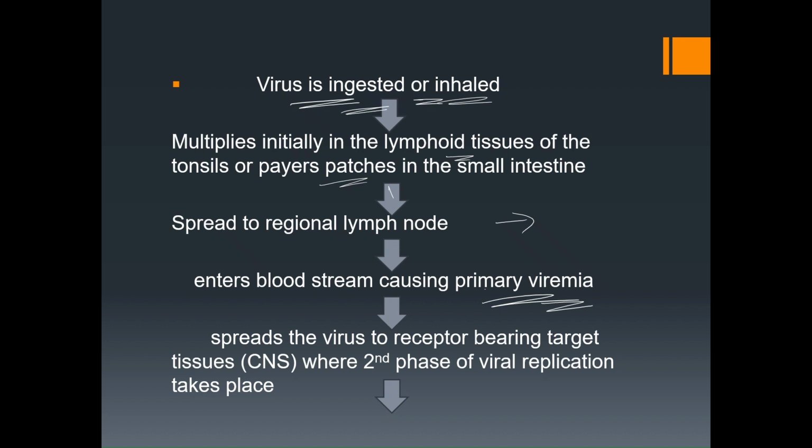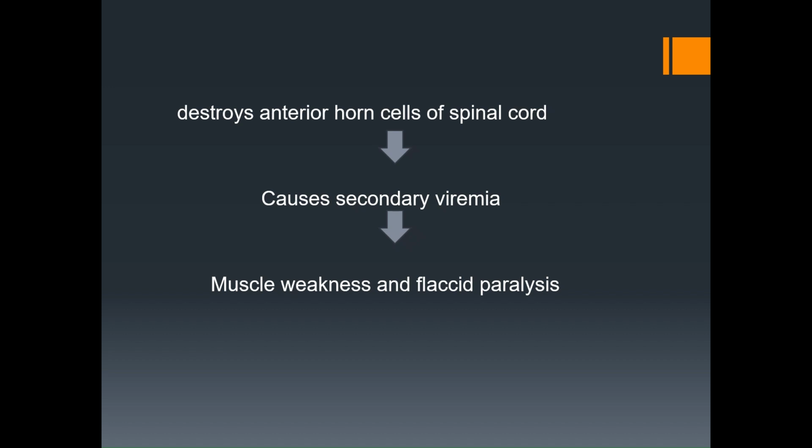Through the blood, it spreads to various tissues, mainly the central nervous system, and multiplies there. It destroys the anterior horn cells of the spinal cord. From the spinal cord, it again enters the blood, causing secondary viremia. Finally it results in symptoms like muscle weakness and flaccid paralysis. This is about the pathogenesis of polio.